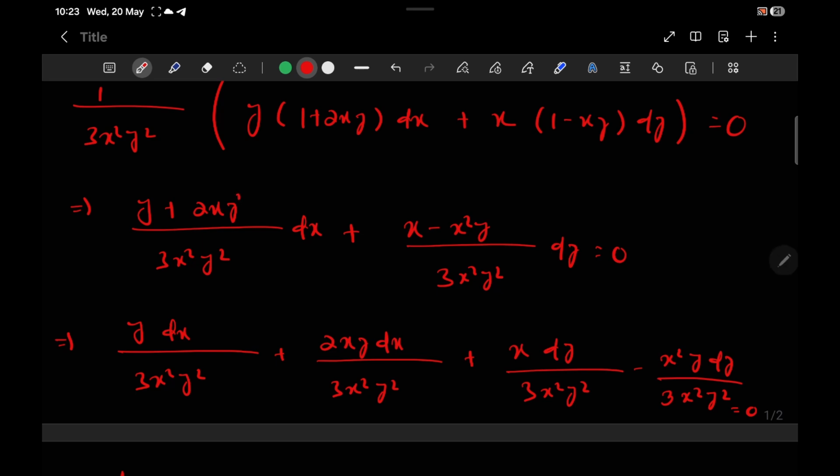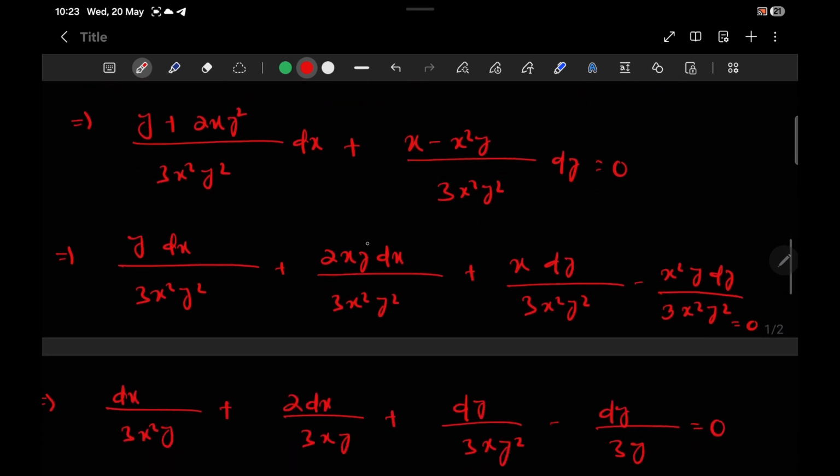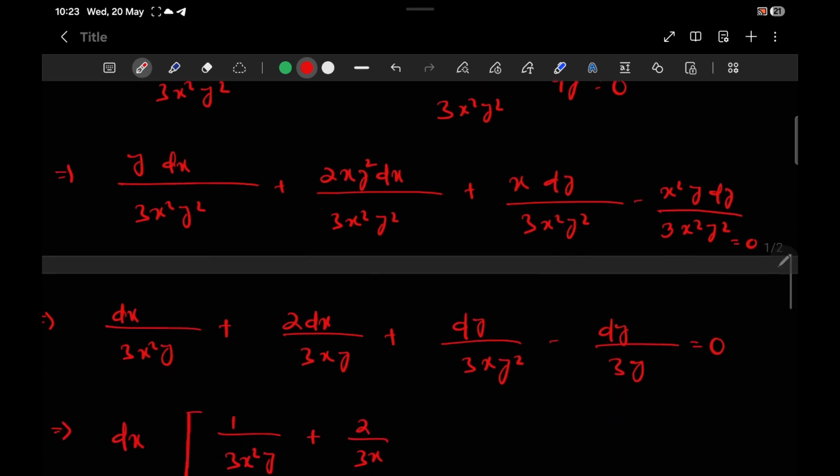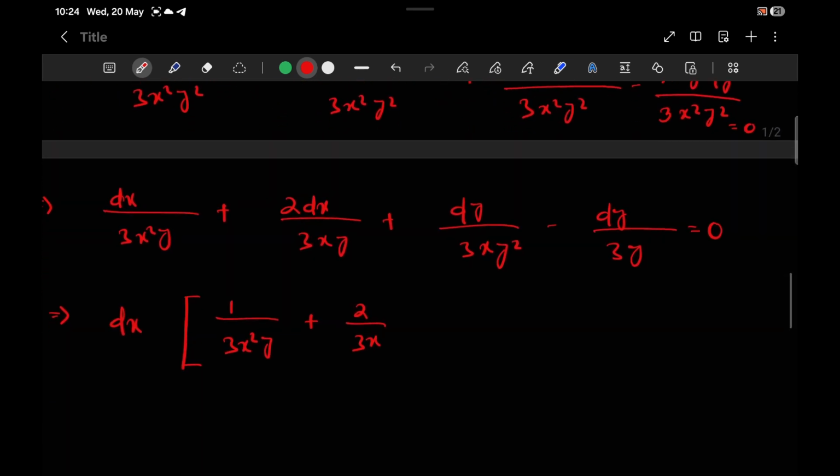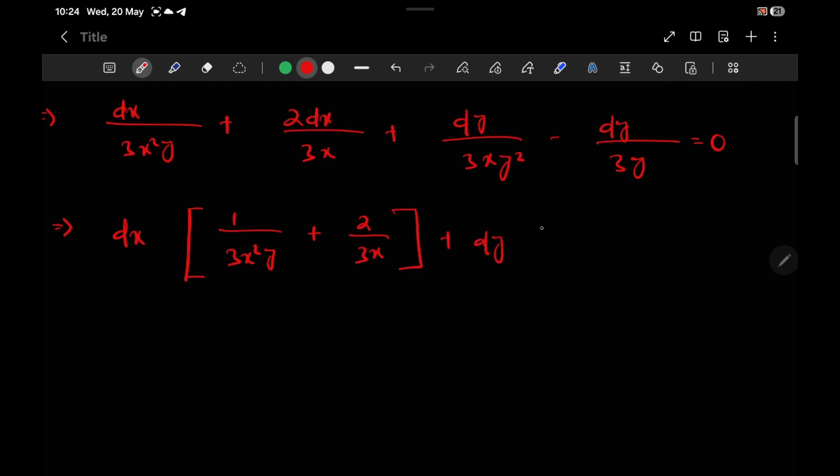This becomes 2xy² as the y is multiplied by this term, so we get y² here, and we get here 2/(3x). So (1/(3x²y) + 2/(3x)) dx + (1/(3xy²) - 1/(3y)) dy = 0.